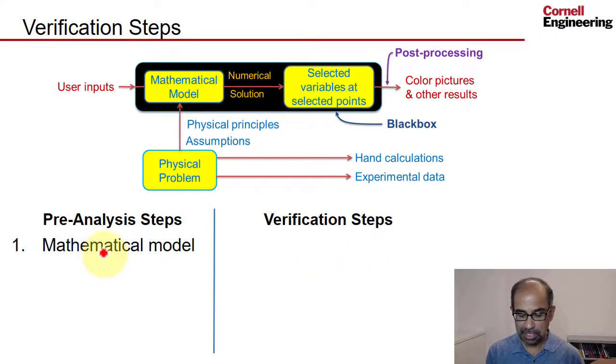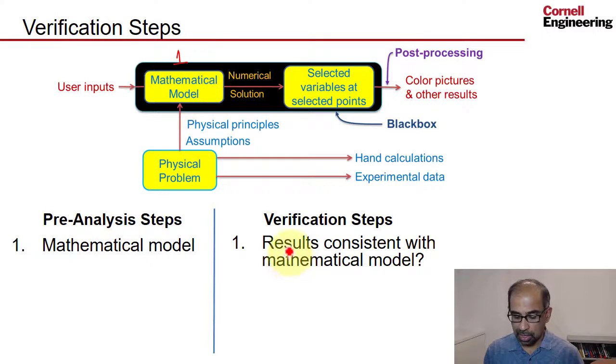The first thing we did in pre-analysis is think about the mathematical model. What is a mathematical model? Governing equations and boundary conditions. And what's the domain over which we solve the governing equations? So the corresponding verification is to check if the results are consistent with the mathematical model. What we see here in the color pictures and other results, is it consistent with this mathematical model?